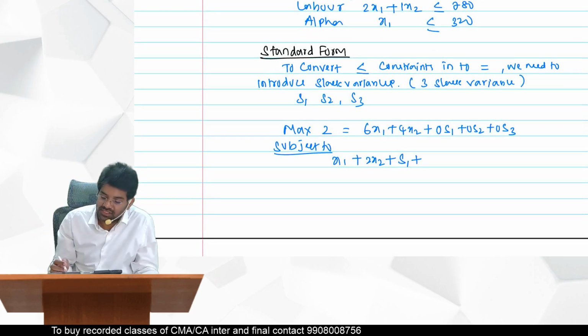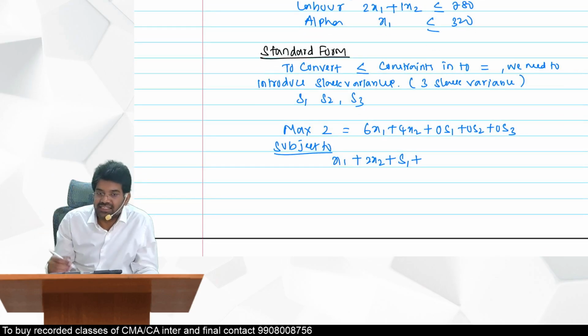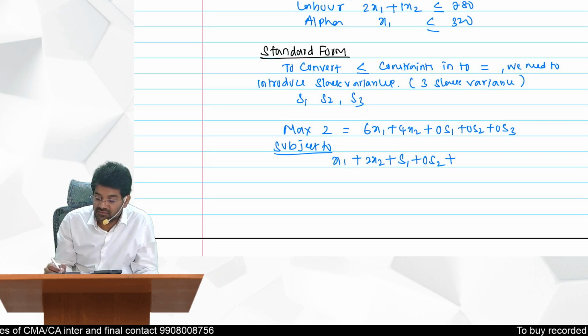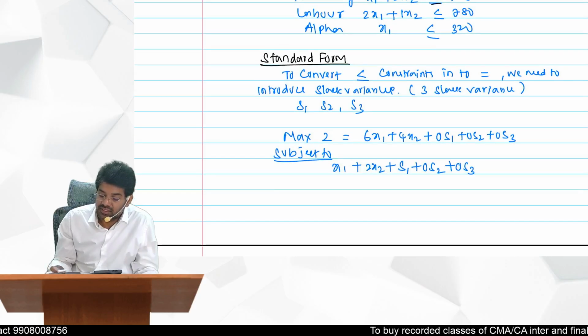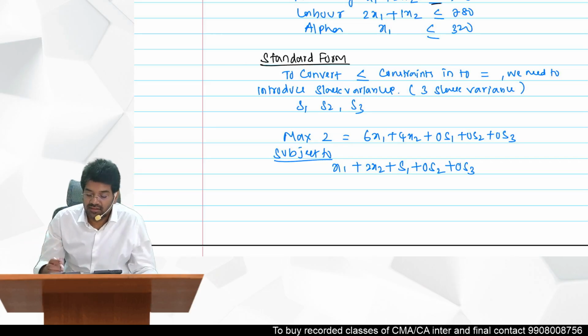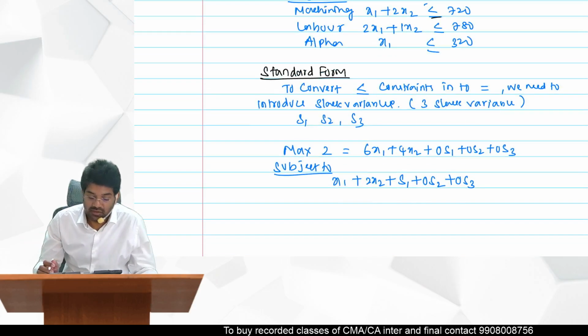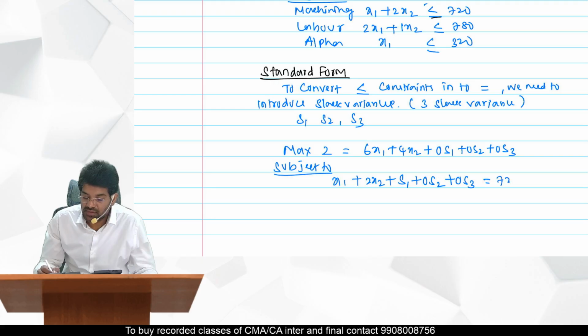We take 0 coefficient for that: 0 S2, 0 S3. So 0 S1 plus 0 S2 plus 0 S3, less than or equal to 720. Now we are converting into 720.